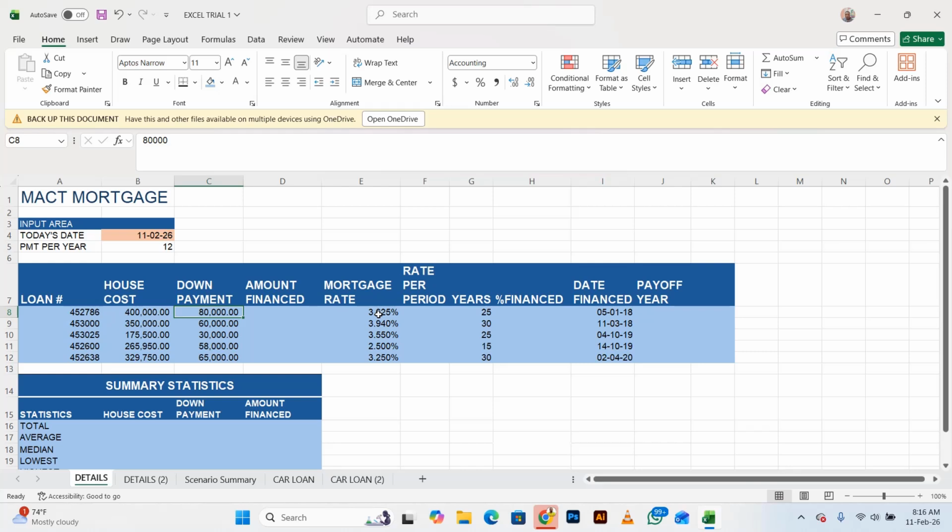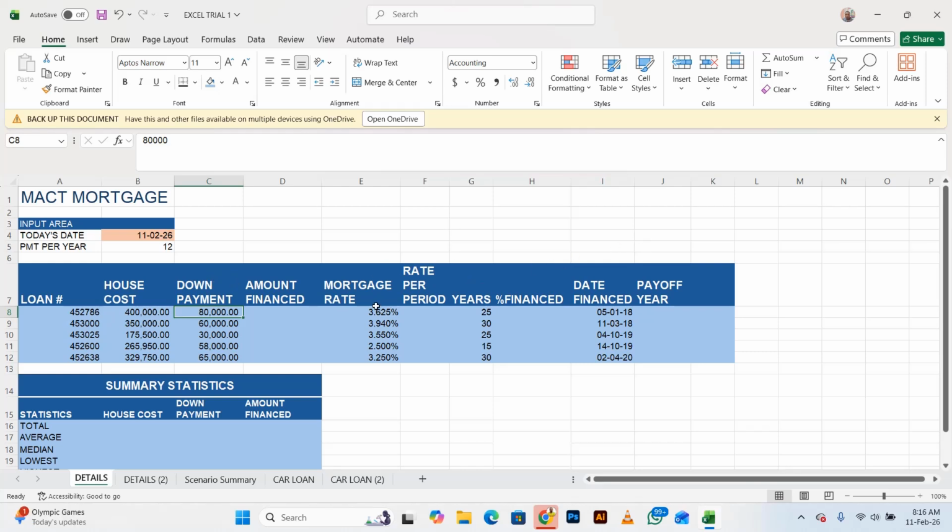Then the years, the number of years the loan will take you to finish the payment, and then the date that the loan was given to you. These are the basic things that everybody will record.